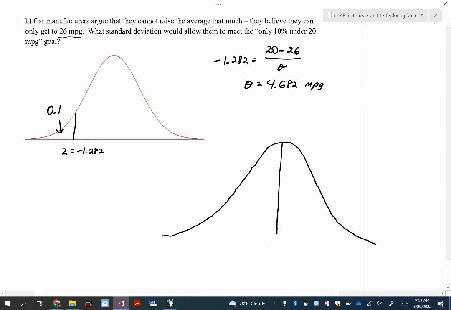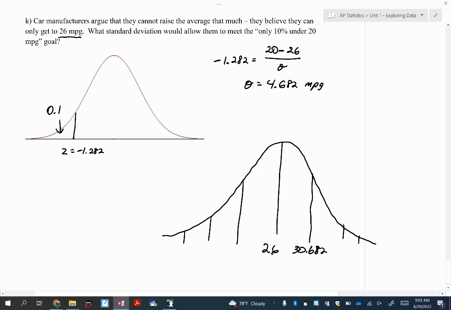we've got 26 down the middle, and I'm going to go 1, 2, 3 standard deviations both ways, using this new standard deviation. So 26 plus 4.682 to get 30.682. You don't have to do this. I'm going to try to bring this all together before I finish the video.